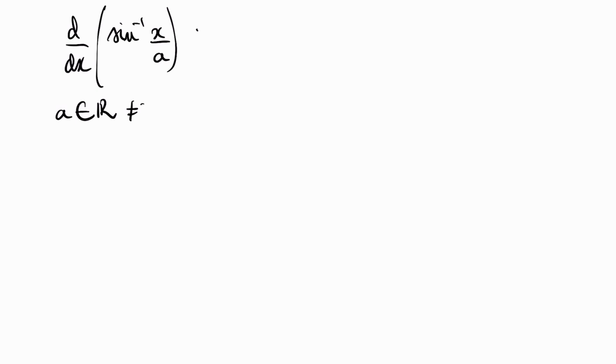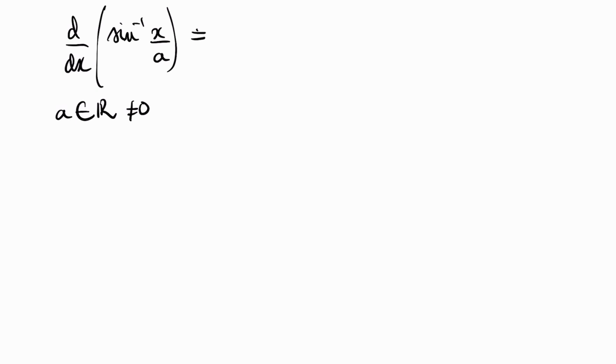Let's do a slight variation. If we want to do d over dx of sine minus 1 of x on a, where a is a real number different from 0, of course.